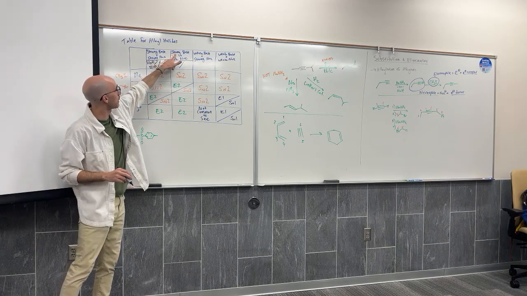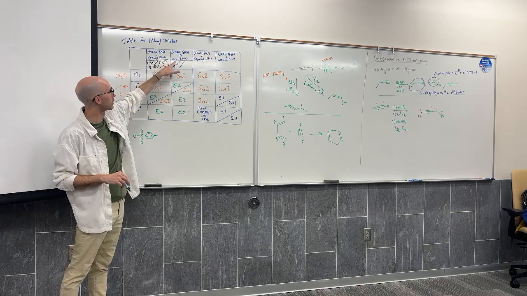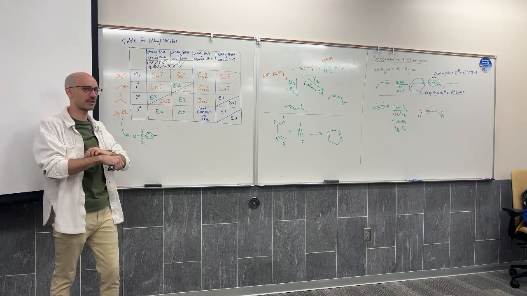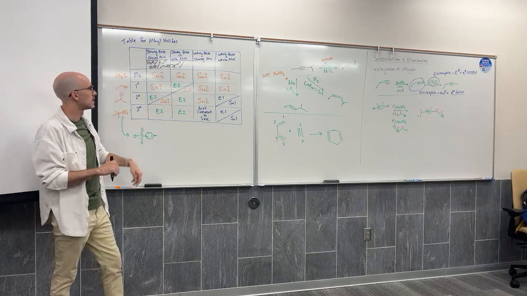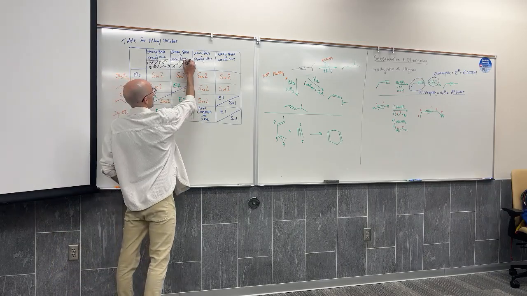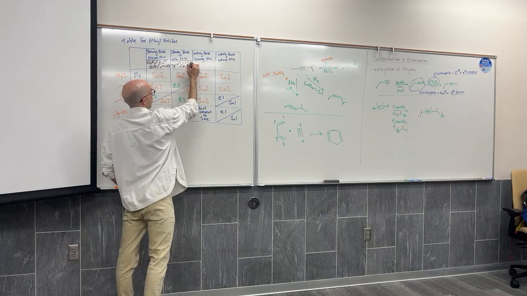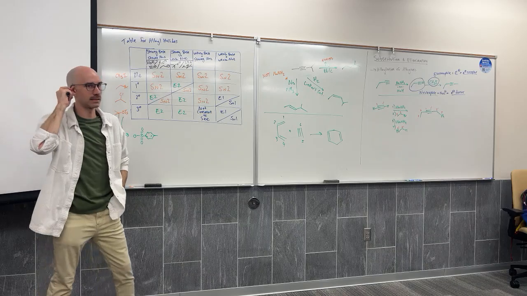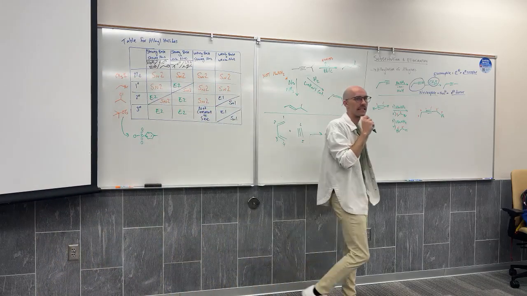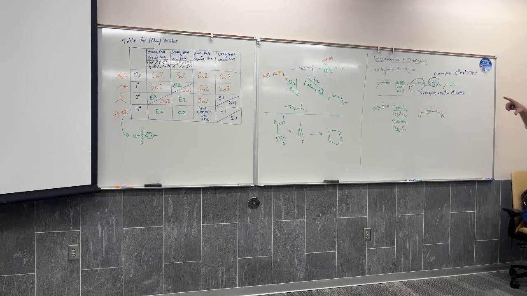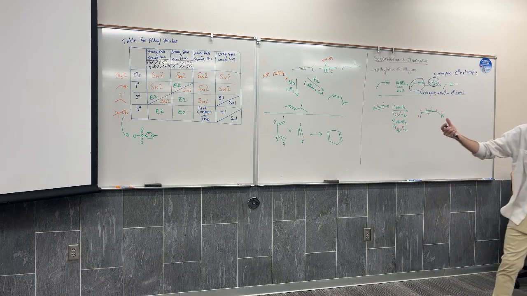It's very good at being a base, just like other alkoxides, but it's not good at being a nucleophile because it brings a ton of steric strain with itself. The other one is called LDA, lithium diisopropylamide, N-, not to be confused with amide, the functional group. And you can see that LDA is also very big and bulky and sterically strained.